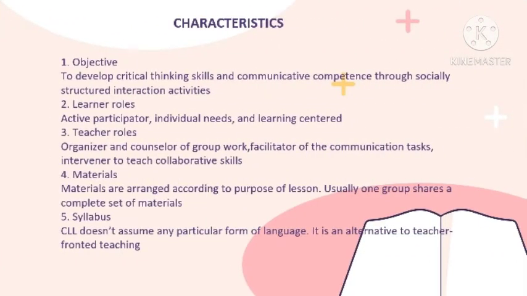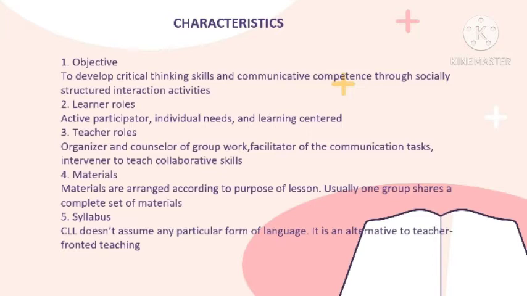Characteristics. Number 1. Objective: to develop critical thinking skills and communicative competence through socially structured interaction activities. Number 2. Learner roles: active participator, individual needs, and learning centered. Number 3.